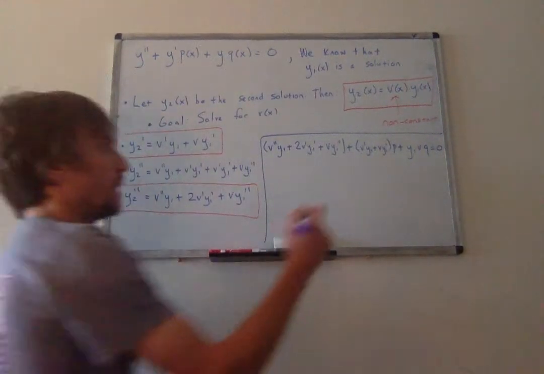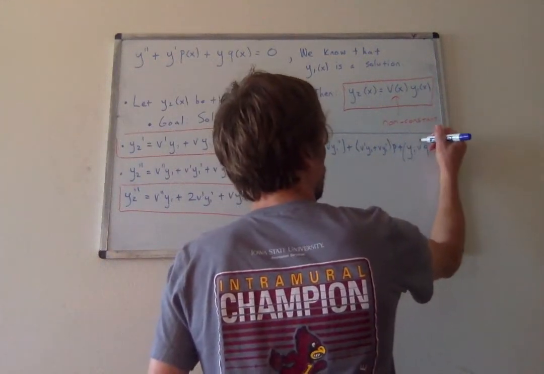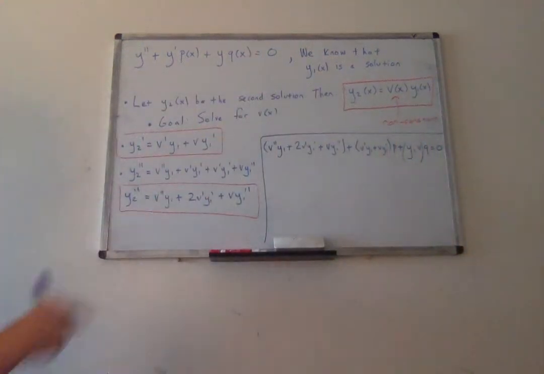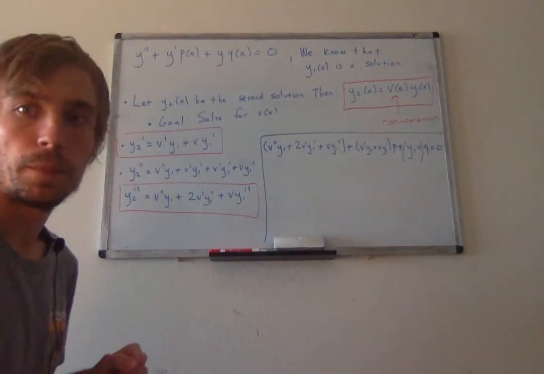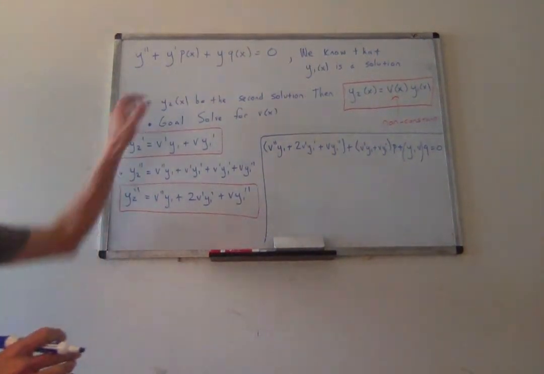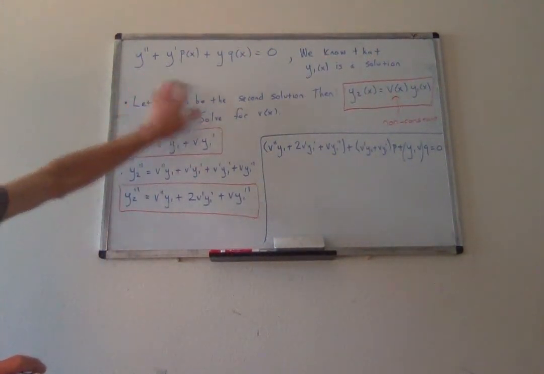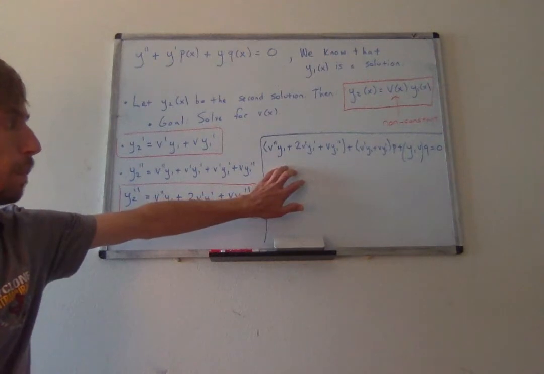And so notice what I did here is I took each of the three relations I got for y2, y2 prime, and y2 double prime, and I plugged them into this formula, which I know must be satisfied.